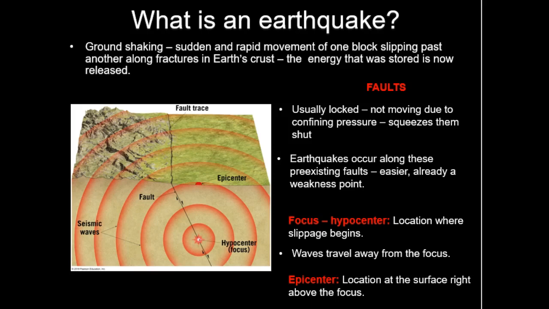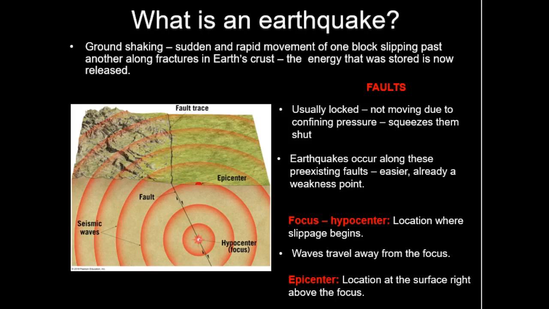They're usually locked, meaning that they are unmoving due to the confining pressure from the surrounding rocks. And again, remember that confining pressure is pressure that is equal in all directions versus differential stress when you have more pressure in one direction than in others. So the confining pressure that is typically being exerted will, for the most part, keep the fractures locked by squeezing them shut in all directions until there is enough stress applied in one direction.